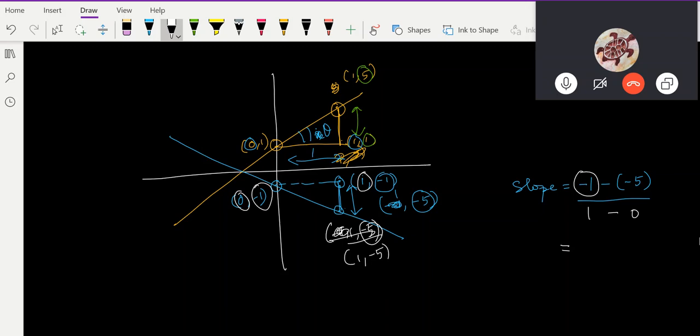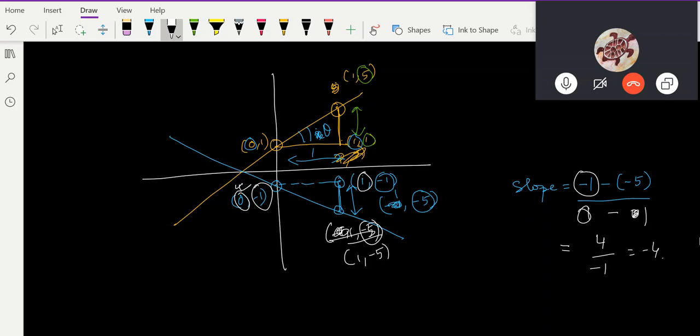So I have to take the corresponding value here. So it would be 0 minus 1, not 1 minus 0, right? So this is 4 by minus 1, or minus 4, right?